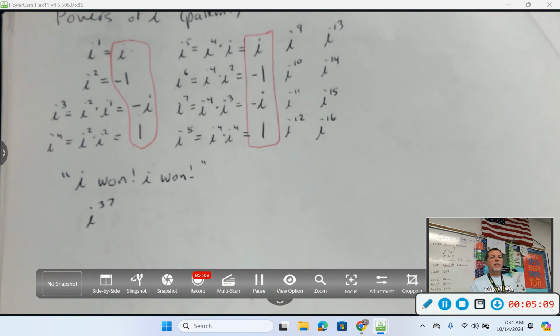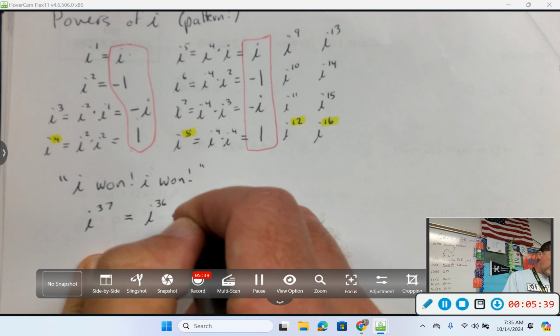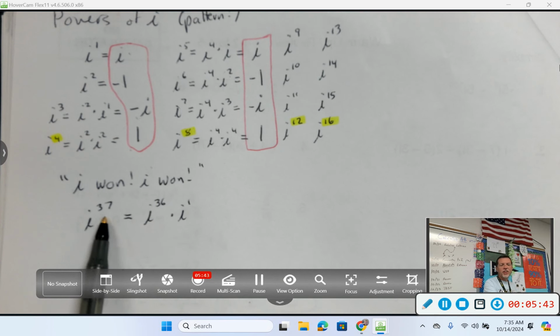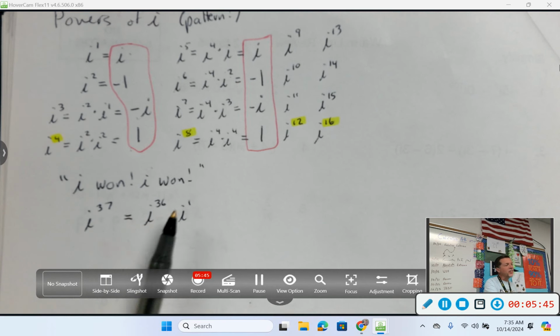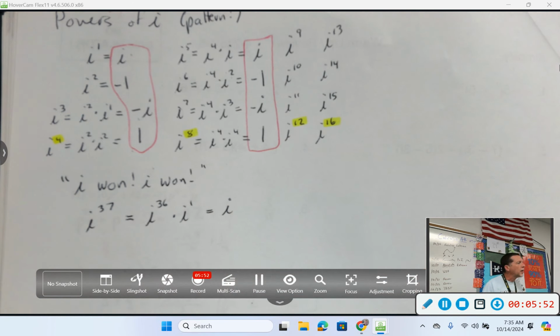I like that. So I could rewrite this as i to the 36 times i to the first. Again, there are 37 different ways to write that, but I'm picking 36 and 1 because i to the 36 is 1. So that's just i.